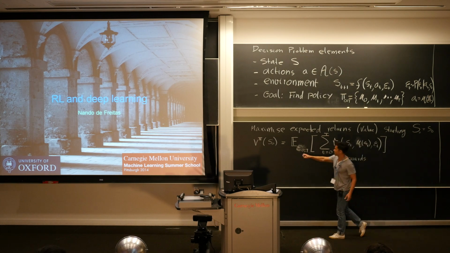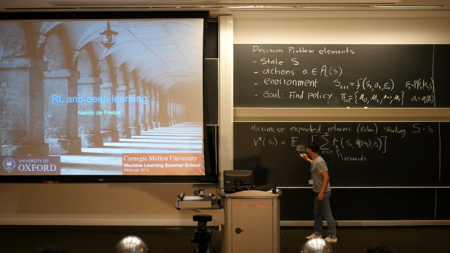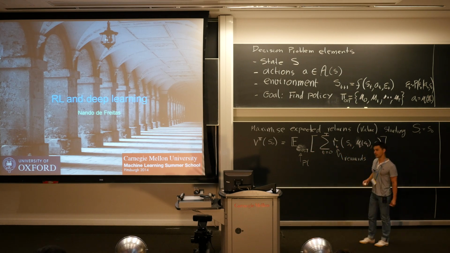This expectation is over all the possible uncertainty in the future. So the way to interpret this is it's an expectation with respect to the distribution of the environment.